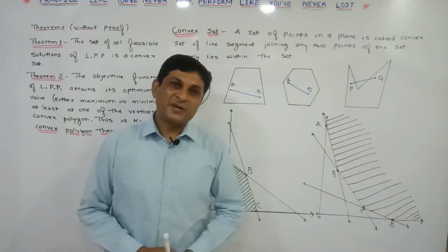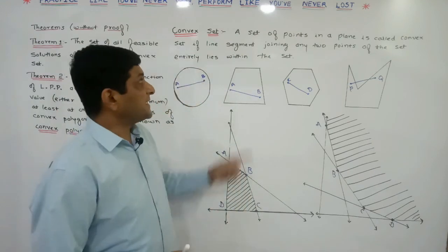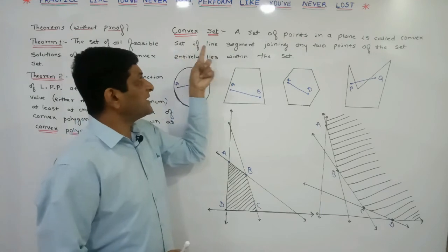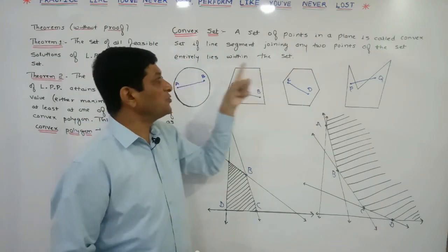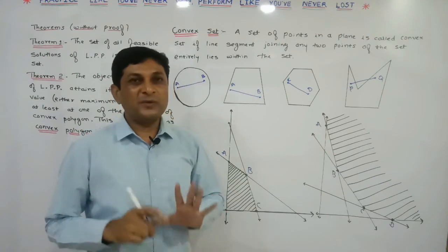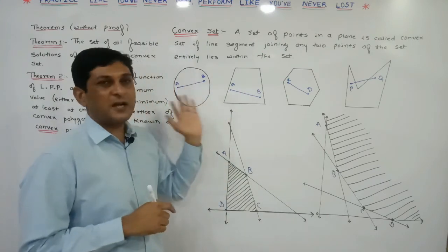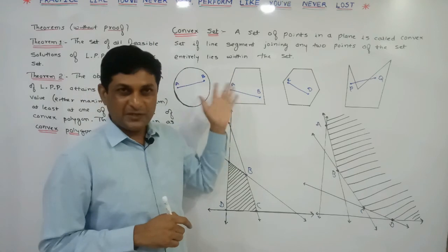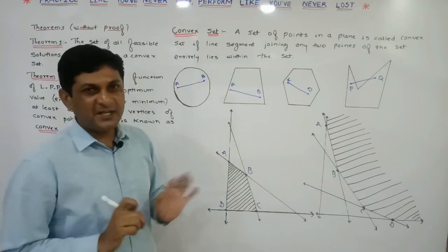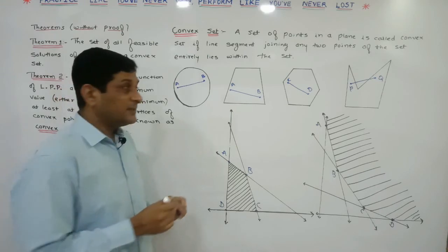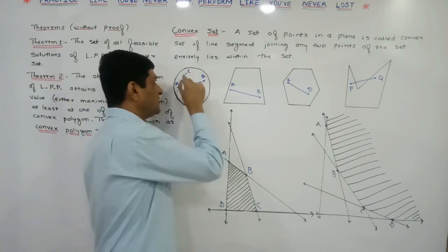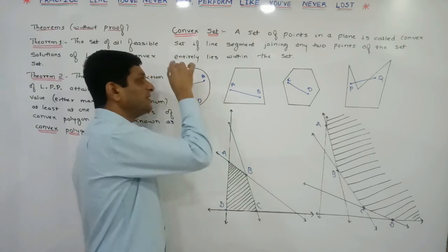Now let us understand the definition of a convex set. A set of points in a plane is called a convex set if the line segment joining any two points lies entirely in the same set. Let us consider a circle. Infinite points are there in this circle, and the segment joining any two points lies wholly in the same set.